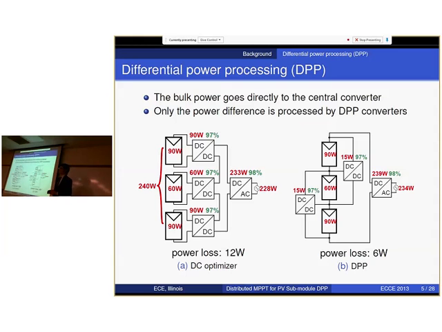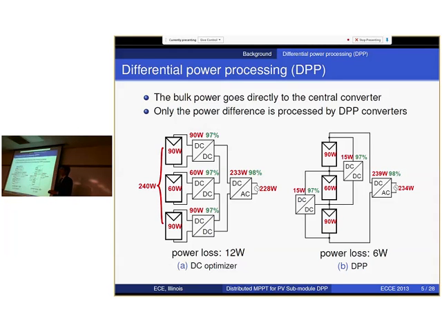And the question is, is there any way we can overcome this limitation and do better? The answer is differential power processing, which is shown here. In this configuration, DC to DC converters are actually connected in parallel with the PV string, and they are typically configured as bidirectional buck boost converters.